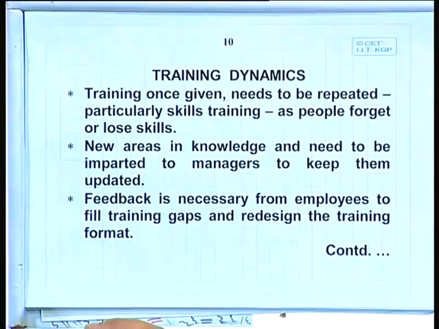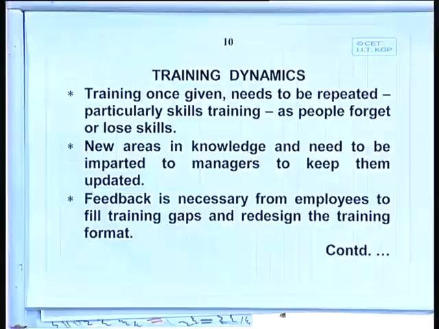And what are the dynamics of training? Training once given needs to be repeated, remember that, particularly in areas like fire safety. If you are in a factory, you will have fire safety drills which are repeated periodically, because what happens, people forget, new people join. So, it is so important that you require to repeat it.